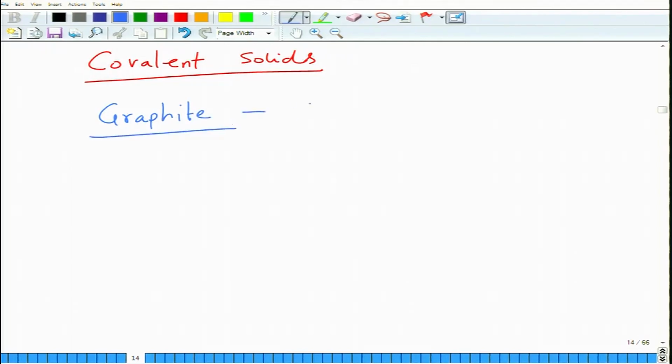So graphite is a form of carbon. It has these hexagonal sheets. So you have these hexagonal sheets of graphite.